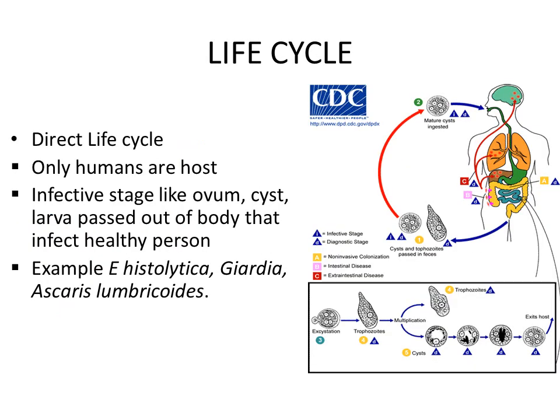Life cycle. A direct life cycle is one in which only humans are the host. Infective stages like ovum, cyst, or larva pass out of the body and infect a healthy person. Examples of direct life cycle: Entamoeba histolytica, Giardia, Ascaris lumbricoides.